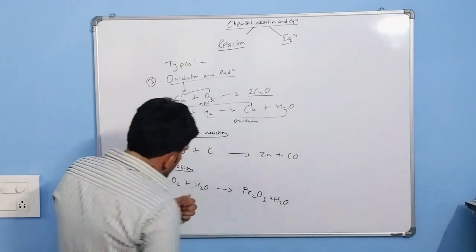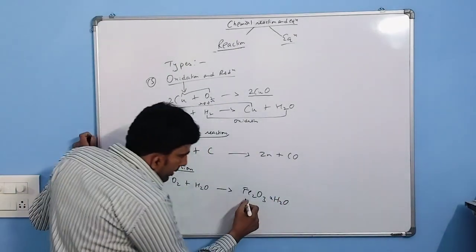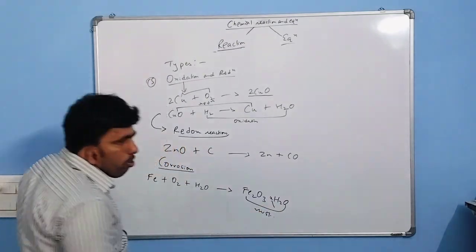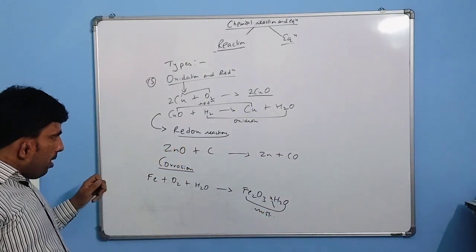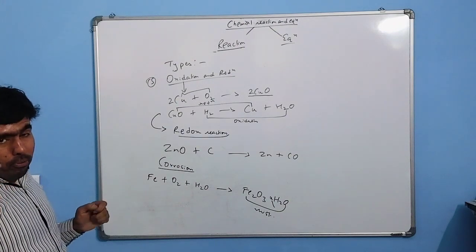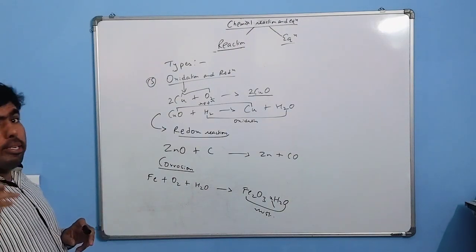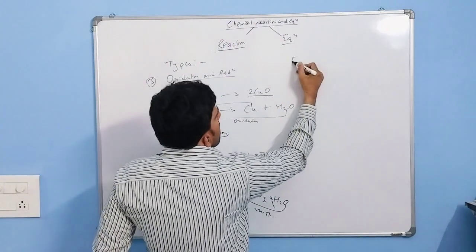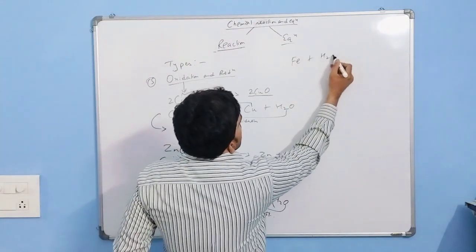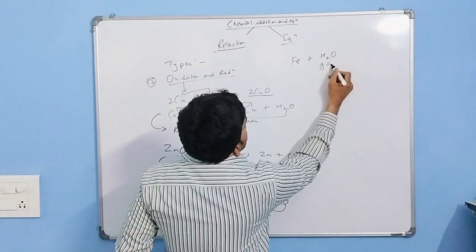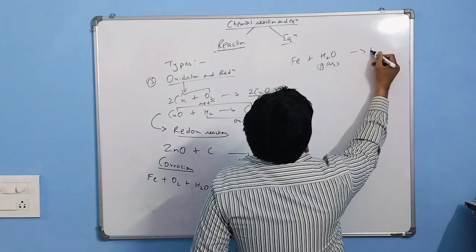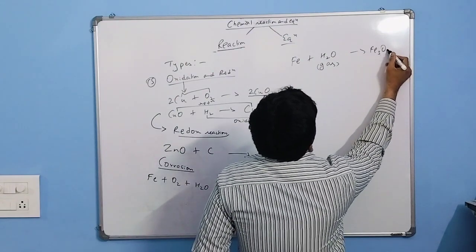I will write the formula of rust, where x is the number of water molecules. Iron does not react with water directly. Iron reacts with steam, that is, water in gaseous form, and here we get Fe3O4, iron oxide.